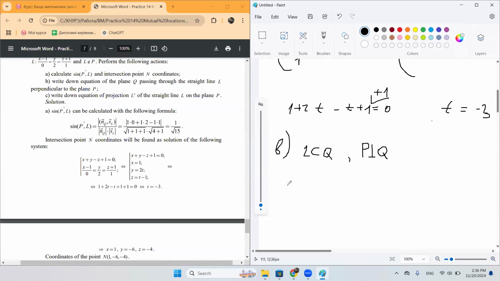And what does it mean, basically? Let's write the general equation.